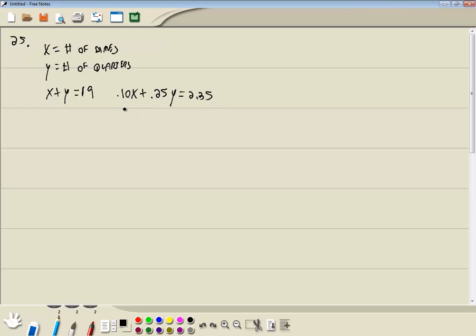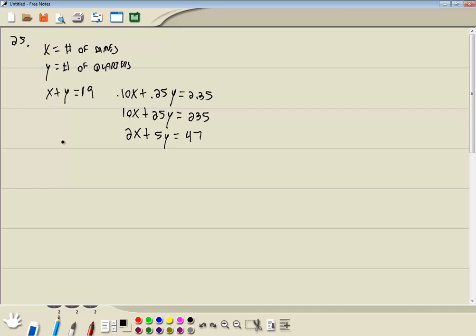I'll move these two decimal places to the right. So we've got 10x plus 25y is equal to 235. Those are all divisible by 5, so I can make them easier. 10 divided by 5 is 2x, plus 25 divided by 5 is 5y. 235 divided by 5 is 47.